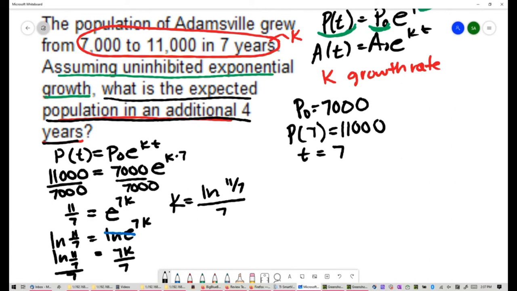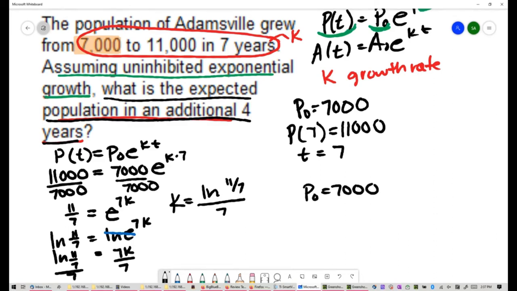So there are a couple different ways to go about this next part. It depends on what you consider your starting population, your ending population, your beginning time, and your ending time. So you can set this up different ways. I'm going to start it from our beginning, which is starting with a population of 7,000. So I'm going to use P naught equal to 7,000.